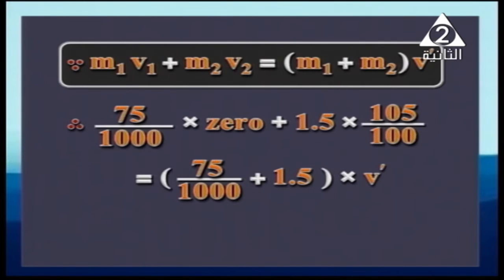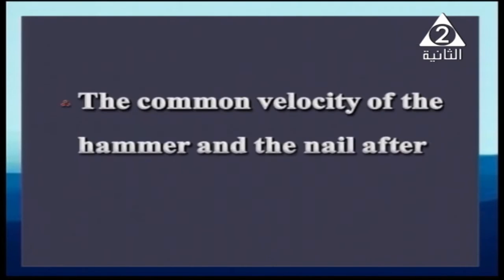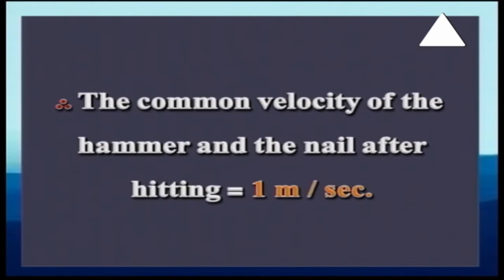By substitution, to find V dash, or by using a calculator, V dash equals 1 meter per second. This is the common velocity in the wall, 1 meter per second. The common velocity of the hammer and nail after hitting equals 1 meter per second.